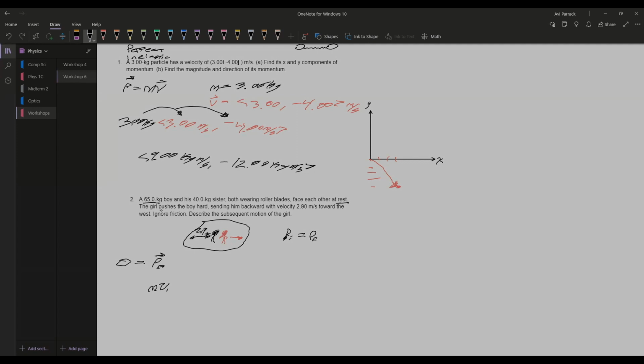I'll just say v_b. And the total final momentum is the sum of the momentum of all the objects in our system, all the objects we're considering. So the mass of the girl multiplied by her velocity, v_g. I'll put a G. And then the sum of all of that should be equal to 0 because initially there was no momentum.